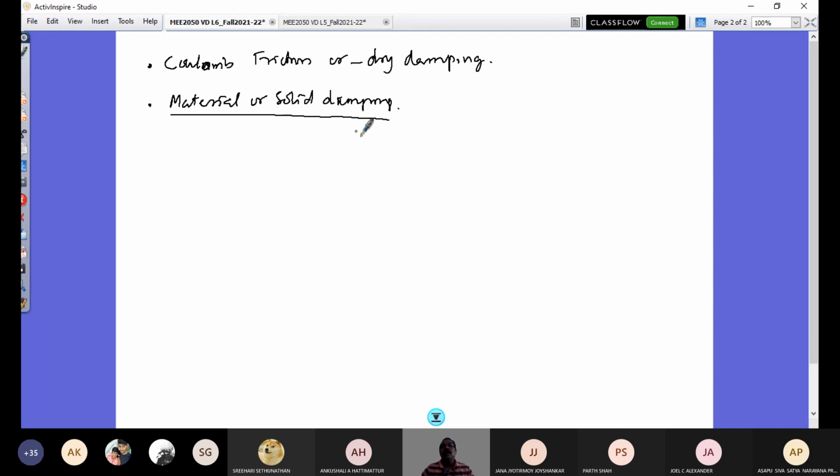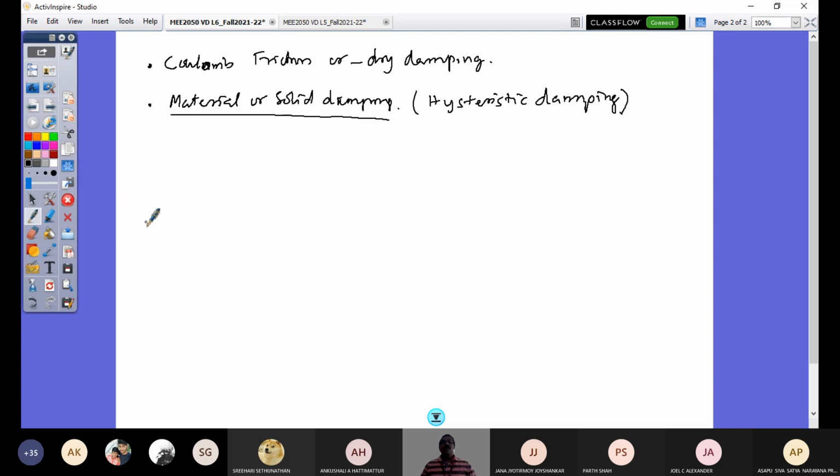This is also called with another interesting name, hysteresis damping, hysteretic damping. So how do you understand when material is deformed, any material body is deformed, you see that the energy is absorbed and dissipated by the material.